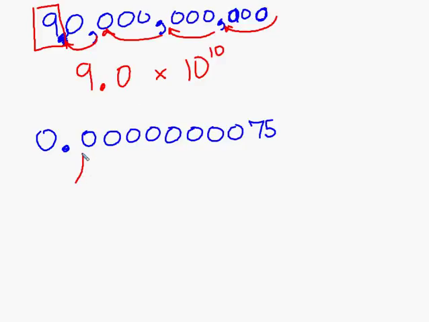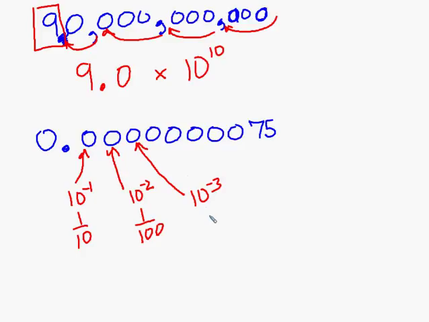This decimal place right here is 10 to the negative 1 because it's the tenths place. This decimal place right here is 10 to the negative 2 because it's the hundredths place. And this is the thousandths place you learned in elementary school, or should have. That's 10 to the negative third. So hopefully you remember doing that at some point.